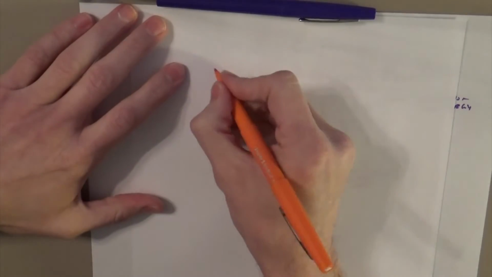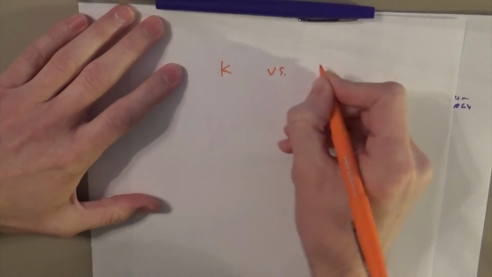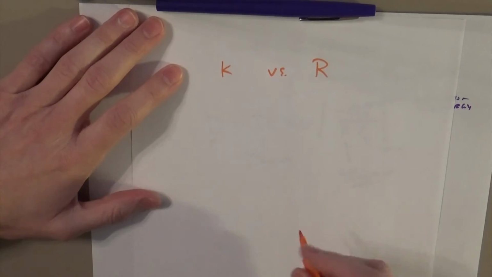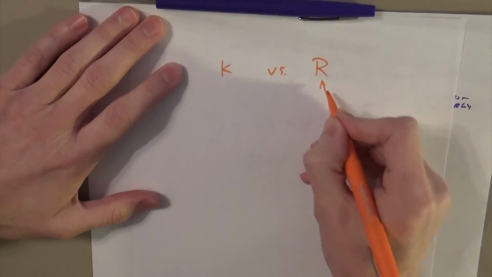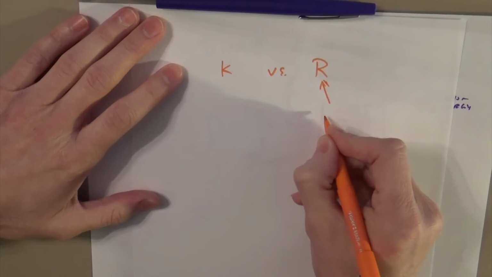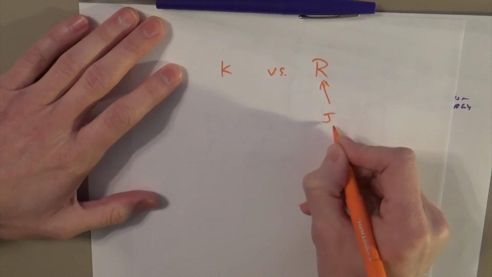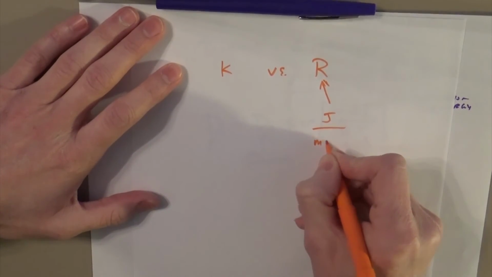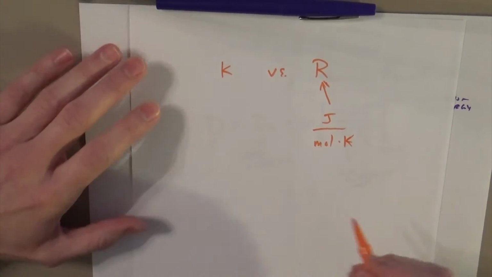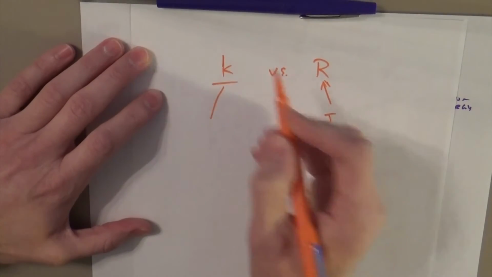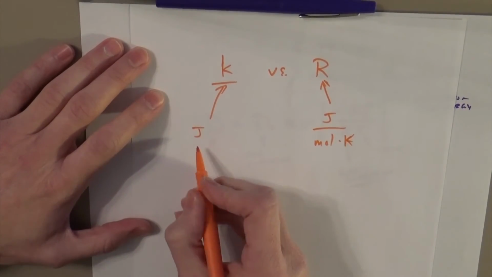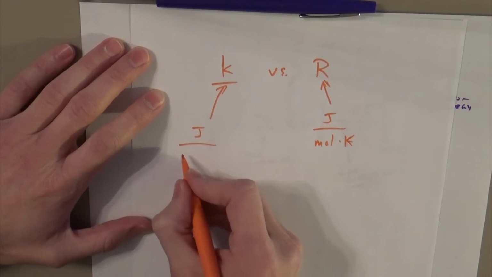Let's call this k versus R. And they're related by the fact that R is going to be units of joule per mole Kelvin, and Boltzmann is energy per atom.